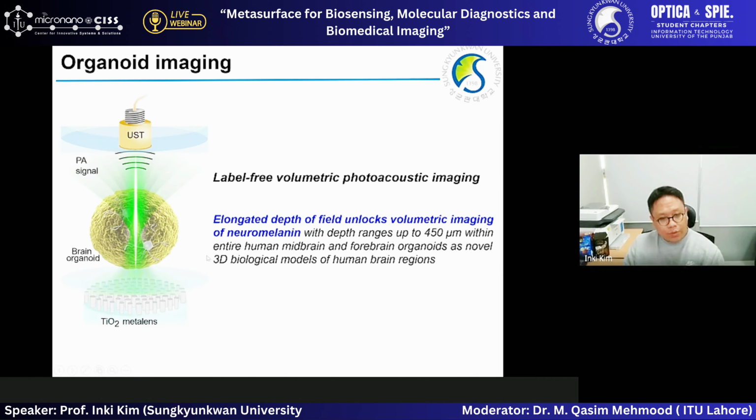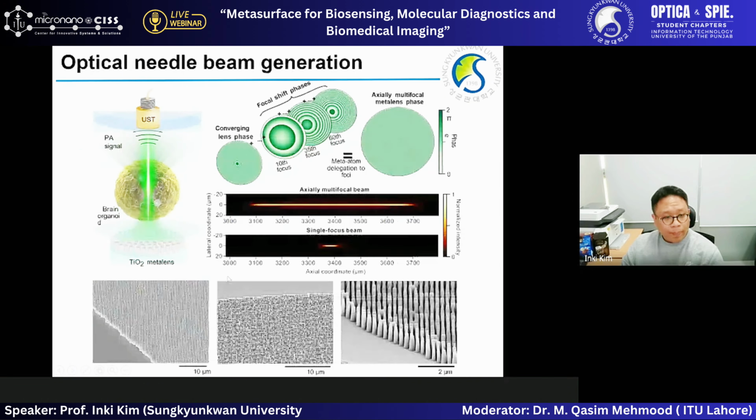And also here we make this elongated beam for this very thick sample, and we want to make 3D imaging using this needle beam generated from metasurfaces. Compared to the single focus metalens, our metalens can make this axially elongated beam.